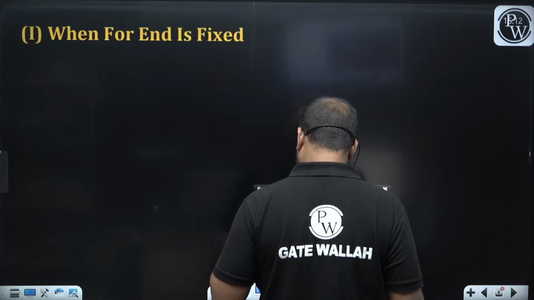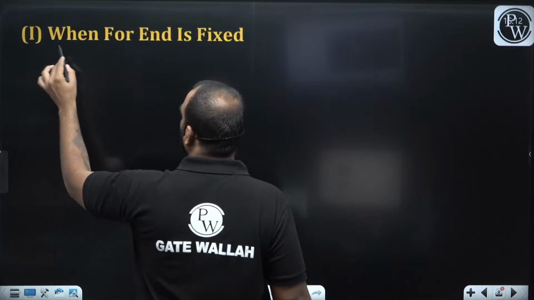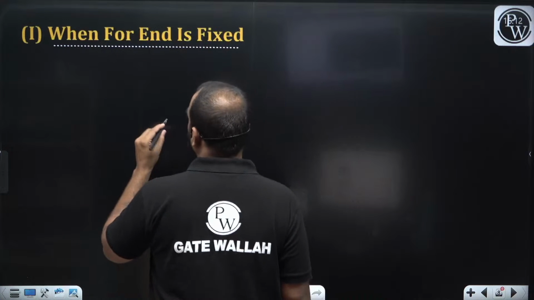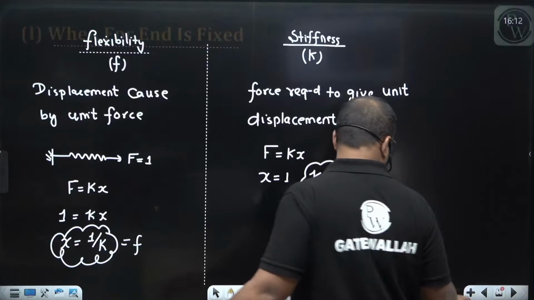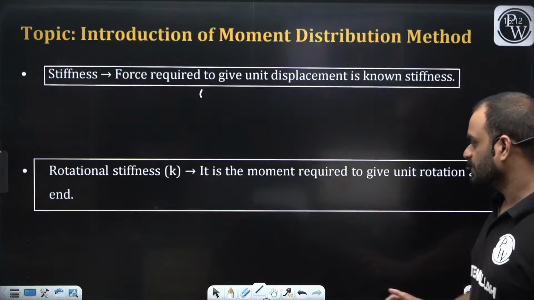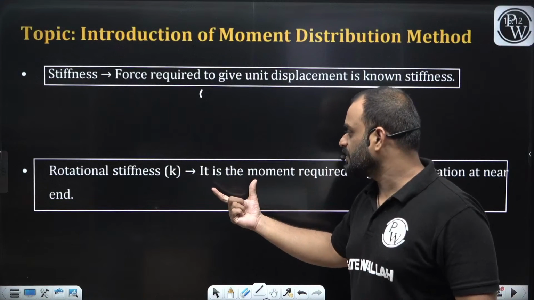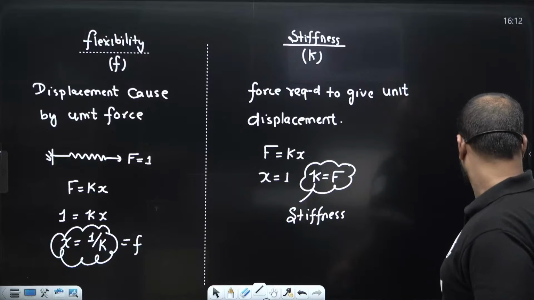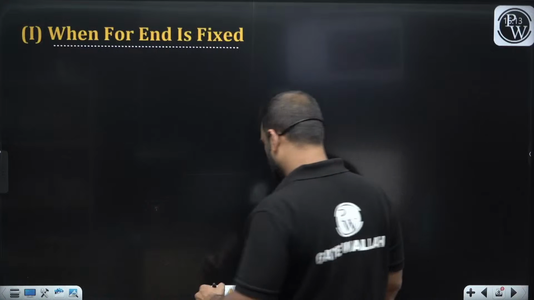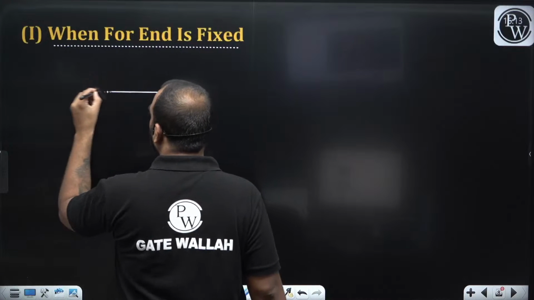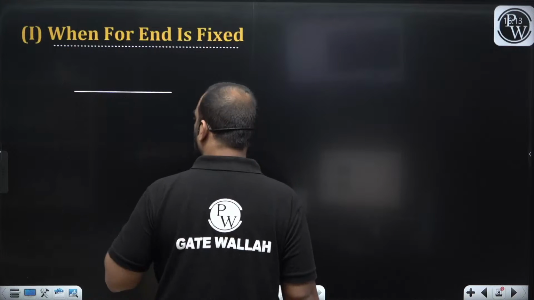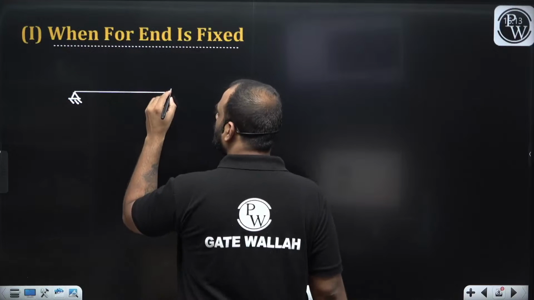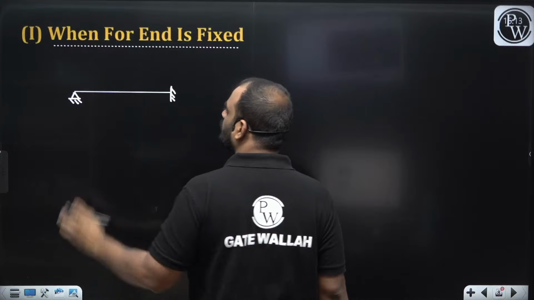When the far end is fixed, then what should be your rotational stiffness? Let us understand this, and I will explain this particular definition in the first case. Let us suppose this is our hinge support or roller support, and this end is a fixed end.